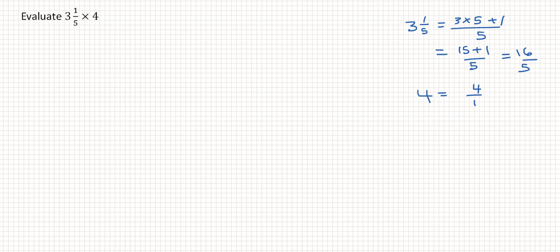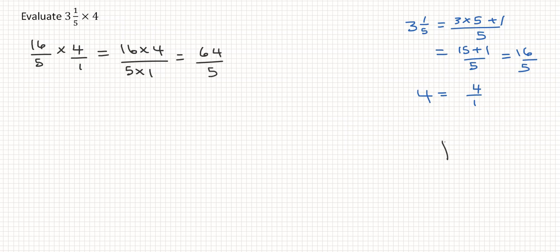So now we're going to rewrite the question that we have using the improper fractions. So we have 16/5 multiplied by 4/1, which is going to give us 16 multiplied by 4 over 5 multiplied by 1. That's going to give us 64/5. Now we have 64 divided by 5. How many 5s in 6?